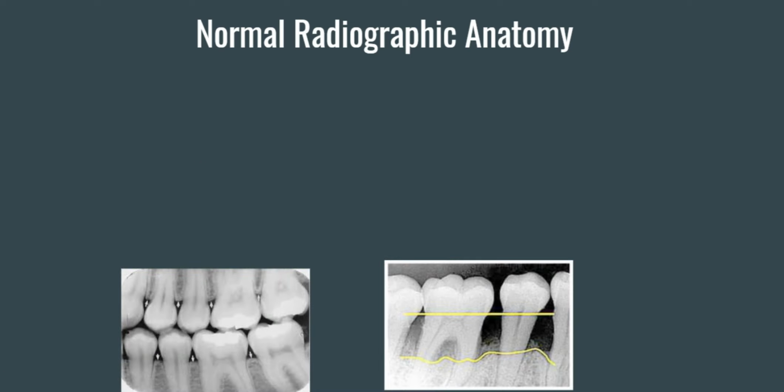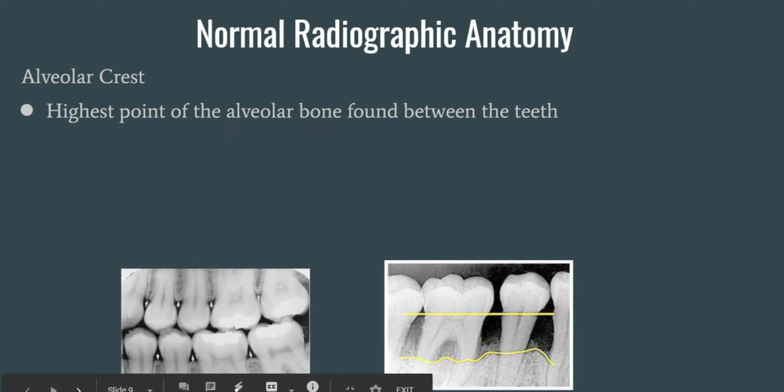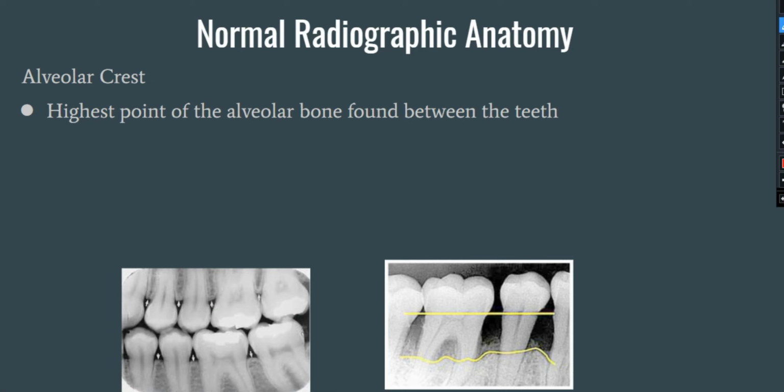Next, we have the alveolar crest. And this is going to be the highest point of the alveolar bone found in between the teeth. So right here where these arrows are pointing, and I'm drawing the red, that is your alveolar crest.